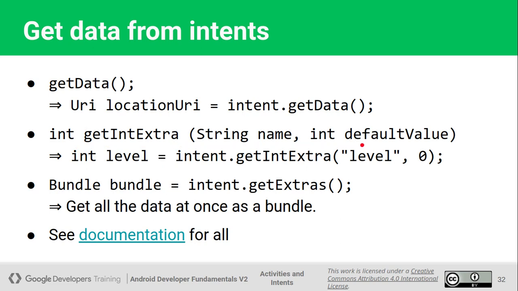Remember I told you the message could be an integer, string, character, byte, or any other data type. If we pass the message as an integer, we receive it using getIntExtra. If we pass the message as a string, the function will be getStringExtra.